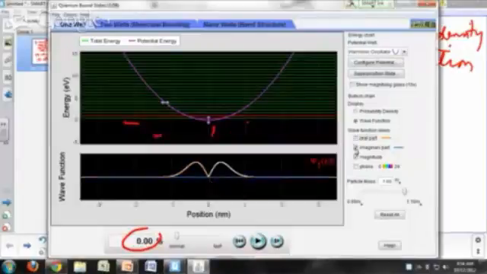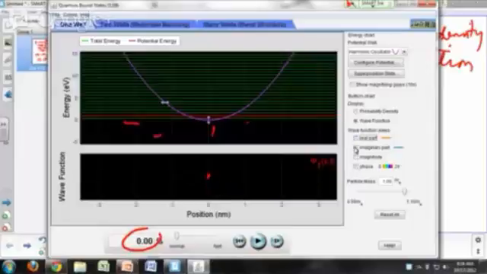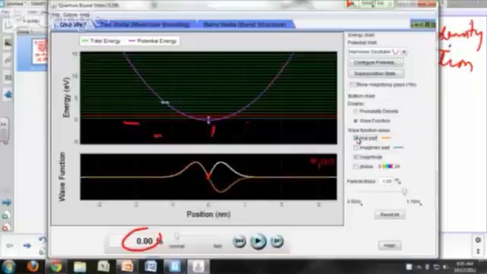Okay, so this is the real part. You can see there's one node, right, at the origin. Imaginary part is 0, so your entire function is real. And then the magnitude, that's just the absolute value of the real part.